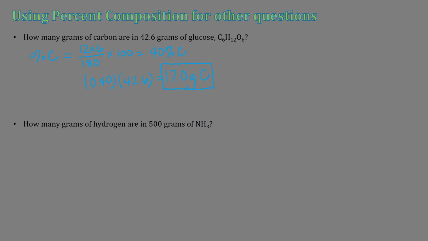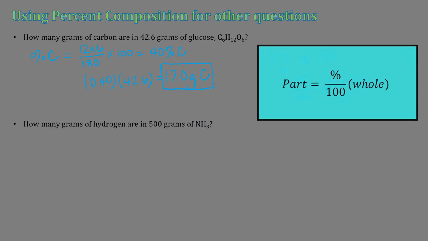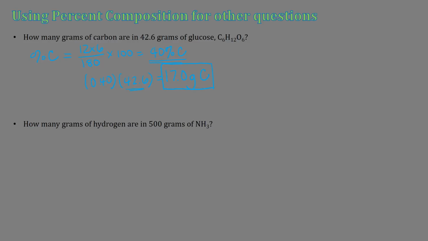So just to make sure you remember how to find a percent, here we wanted to take 40% of 42.6, so we multiplied it by 0.4. If you want to take 15% of 50, 15% means it's 15 parts out of 100, so it's 15 over 100.